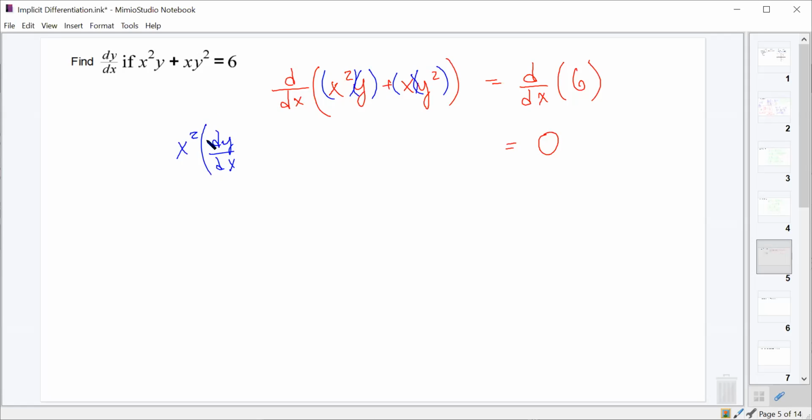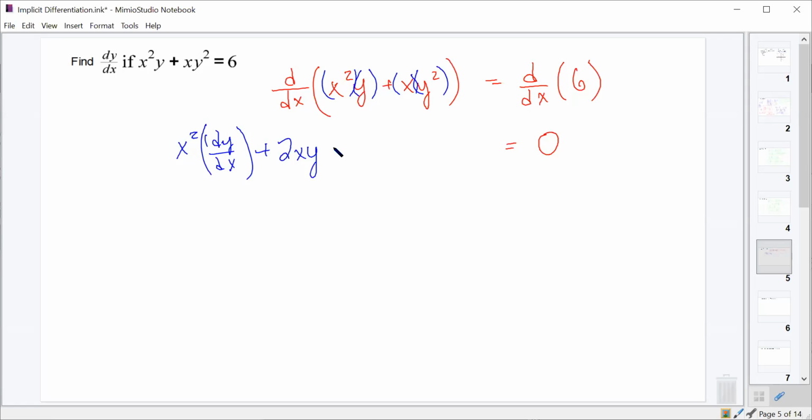Then we add the derivative of the x squared, which is 2x, and that one I'm not taking a derivative of a y, so I don't need to put the dy dx, and then it's times the y. The reason that 2xy doesn't get a dy dx is because nowhere in the second part of that product rule did I take a derivative of y. I did the derivative of the y part with the first part of the product rule, and then I just did the derivative of the x part times the y in the second part. Everybody okay with that?